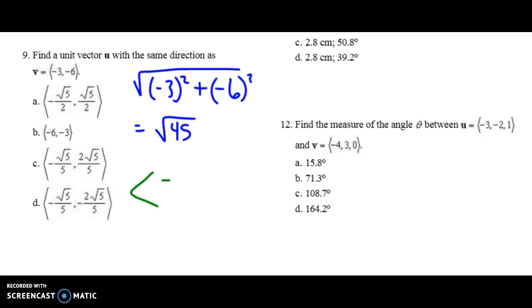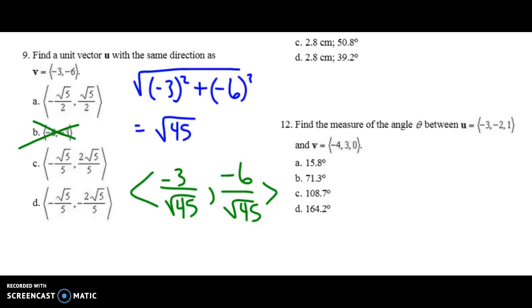So that's going to be -3 over the square root of 45, and then -6 over the square root of 45. And what we could do is check our answers to see which one of those is the exact same. Obviously it's not going to be B, but we can check between A, C, and D. And when we simplify or compare with our calculator, we find that D is the exact same.